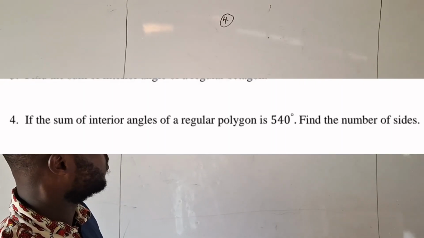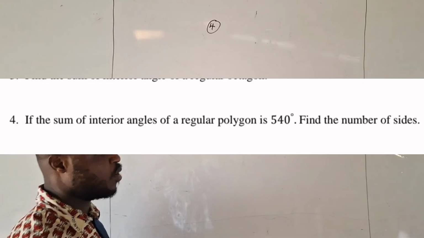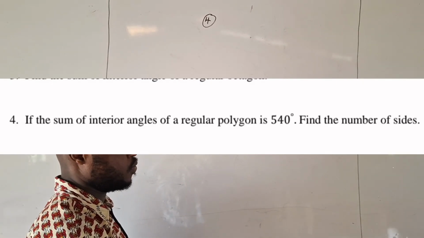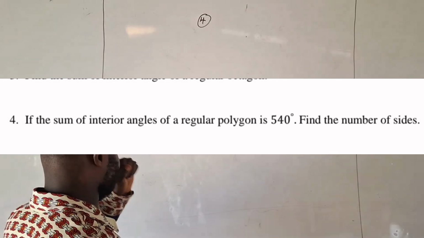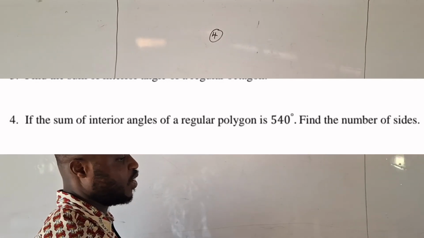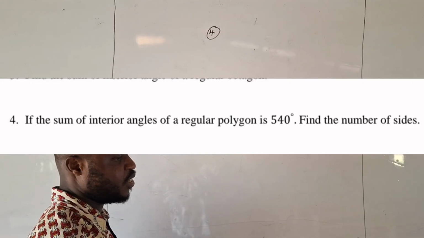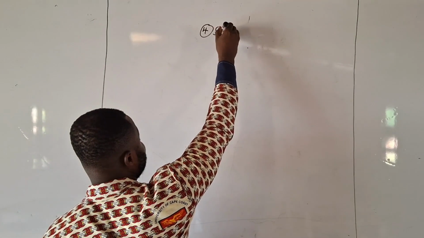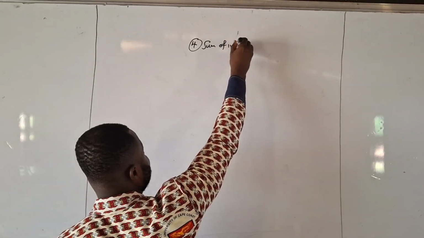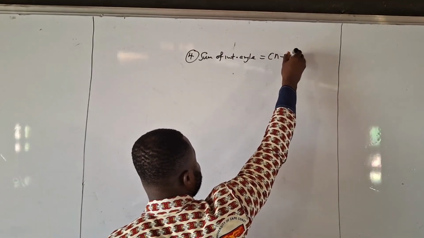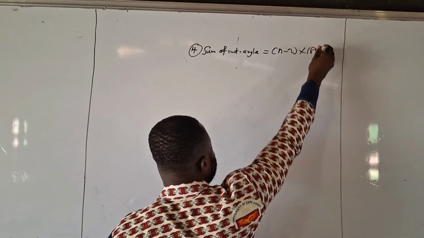The fourth question says that if the sum of interior angles of a regular polygon is 540, find the number of sides. So if the sum of the interior angles is 540 degrees, you should find the number of sides. And we know the sum of interior angles is equal to n minus 2 times 180.